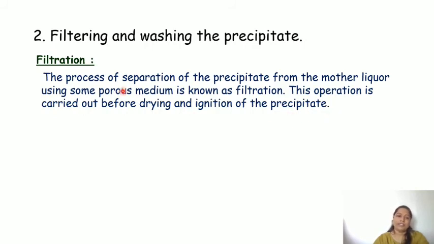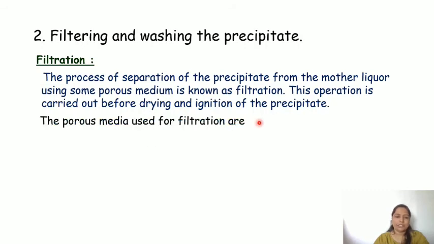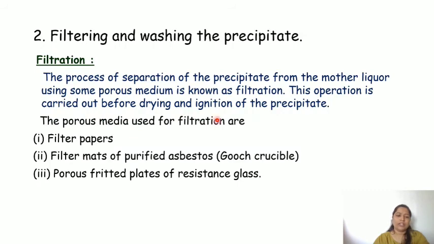The porous media useful for filtration are filter papers, filter mats of purified asbestos, or porous plates of resistance glass. Okay, these are the porous media which are generally used for filtration.